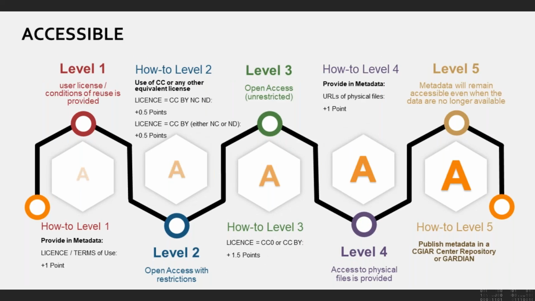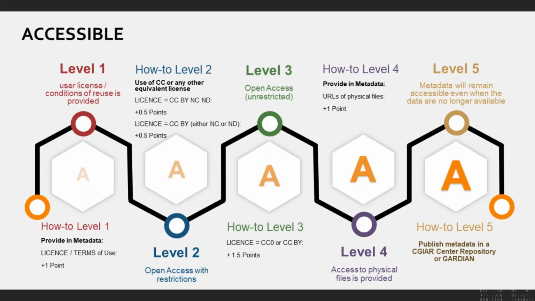Similarly, when you go to look at accessibility, there's a clear guide here as to how to make your resource more accessible. One of the key things is to provide a user license. But rather than just plunking in a license or terms of use, if you actually use the CC and equivalent licenses, and these tend to be machine readable licenses, then you can progress further along the way.